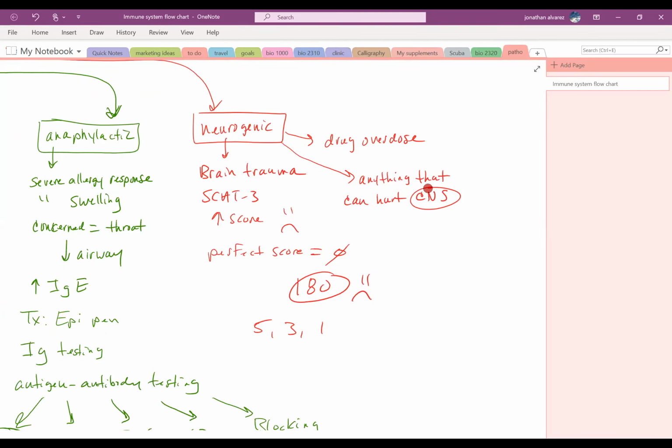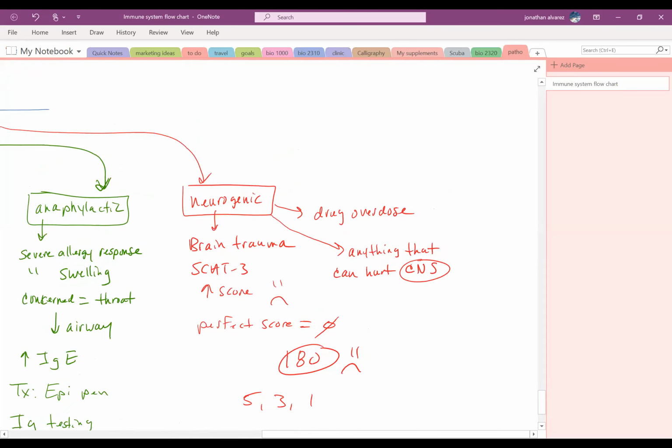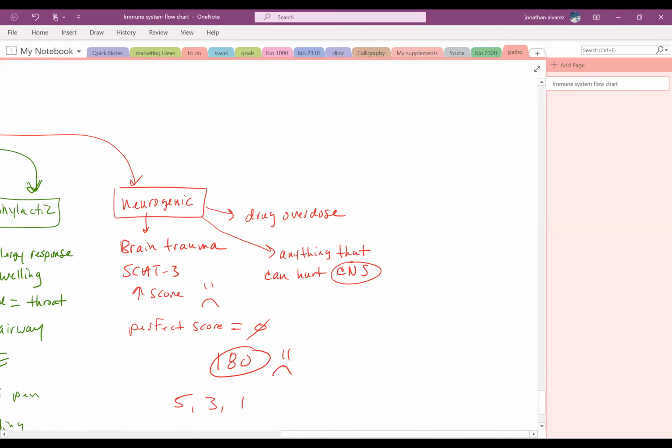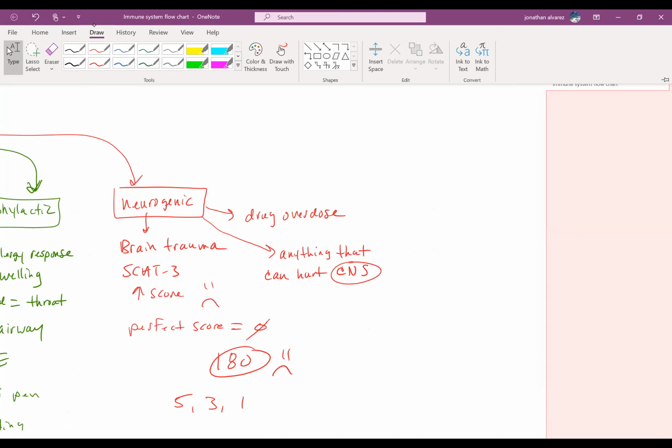Brain infections, spinal cord infections, meningitis, whatever. Anything that can hurt your central nervous system can create a type of distributive neurogenic shock. Okay. And then another type of distributive shock is septic.